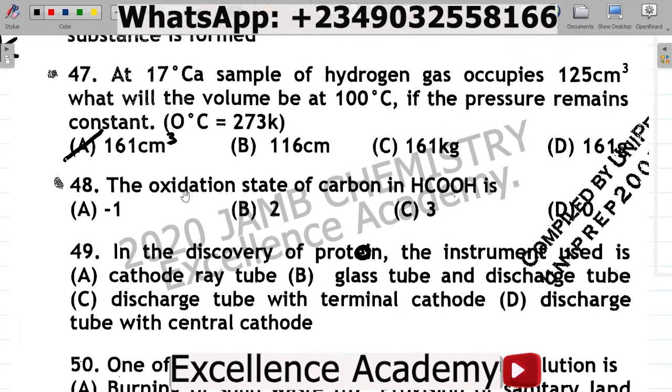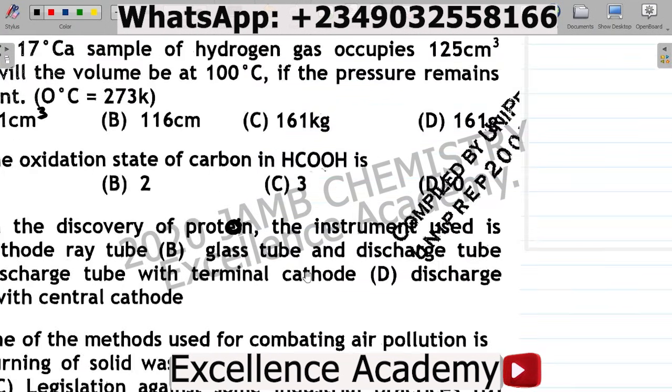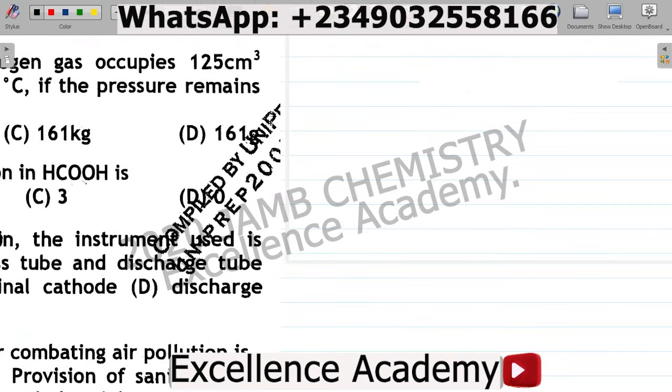All right, next up, 48. Question 48 says the oxidation state of carbon in this is A -1, B 2, C 3, D 0. So let's get the oxidation state of carbon here. For 48, what we have there is HCOOH.